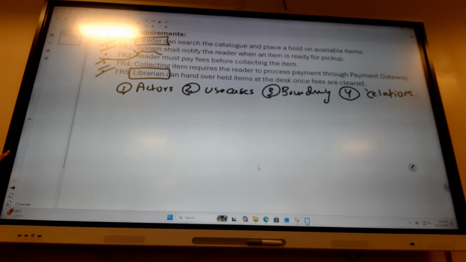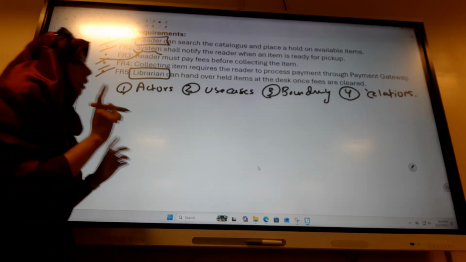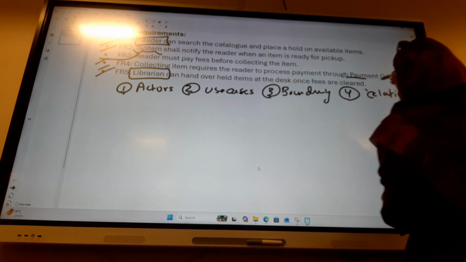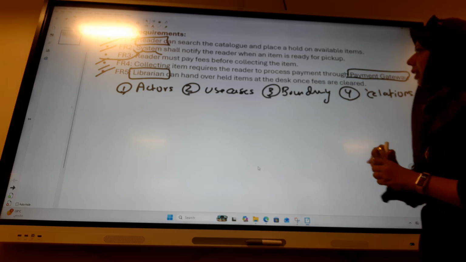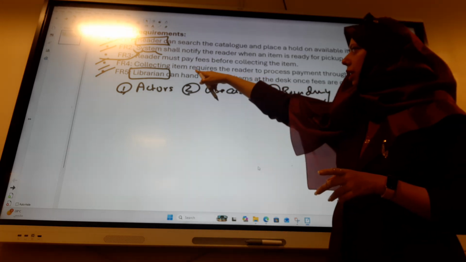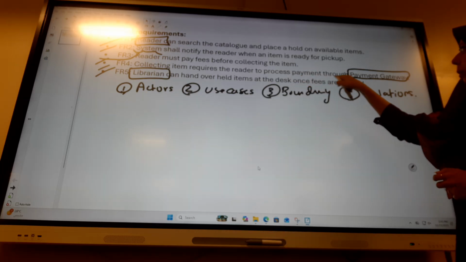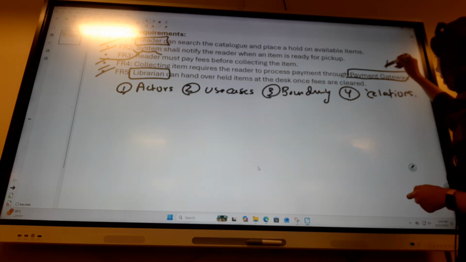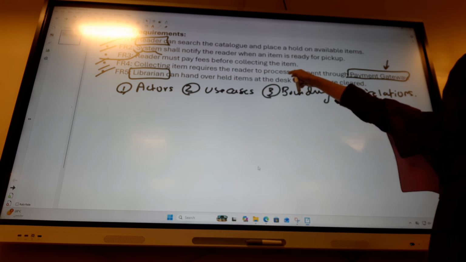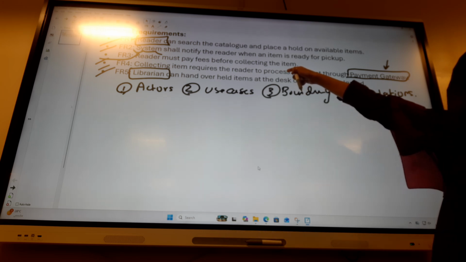So both models are still accepted. Fourth is the payment gateway. Here I'm saying collecting an item requires the reader to process the payment through the payment gateway. So this is the key actor who starts this part, right? Payment gateway is an actor.